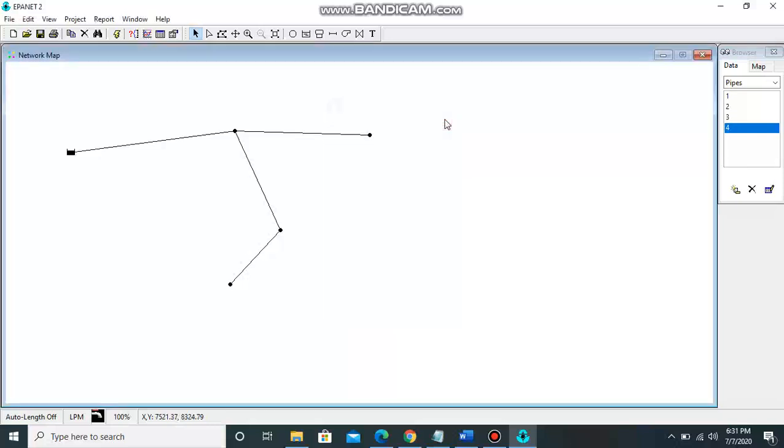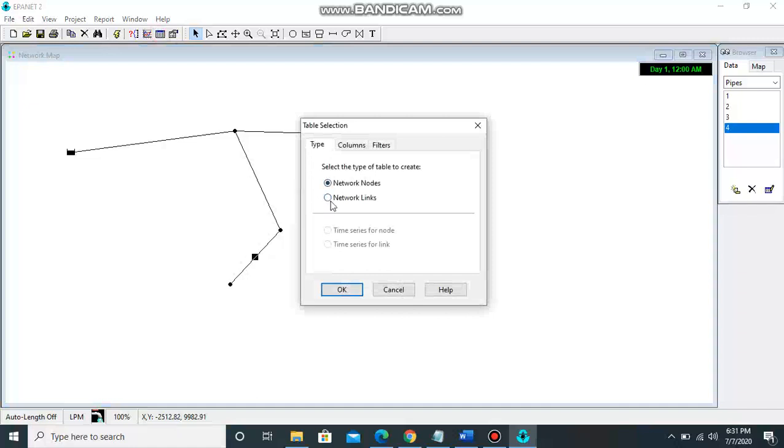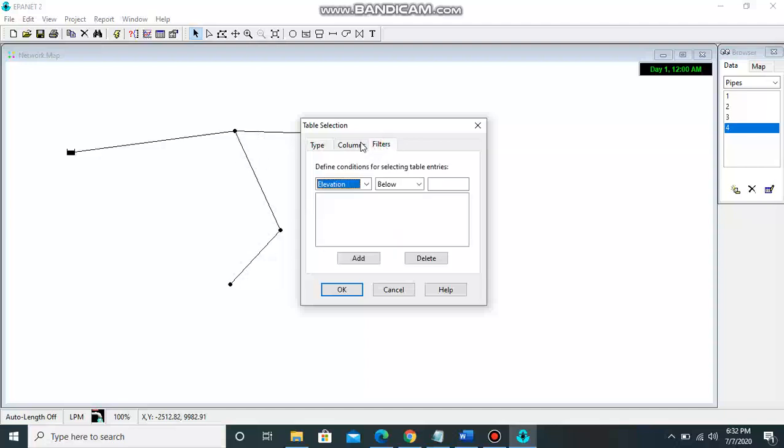So we now have the data for this simple water distribution system. So run analysis. The run was successful. To determine whether the base demands or the pipes are okay in the water distribution system, click the table, then select nodes, and the pipes are links.